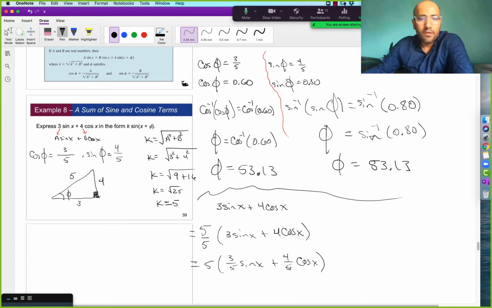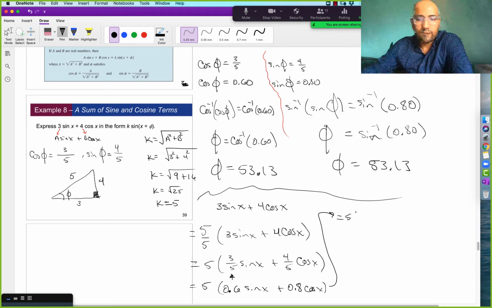But through this great work here, we figure out that this is actually 0.6 and 0.8, so it's 0.6 sine of x plus 0.8 cosine of x, times 5, right? And then let's bring it up here.